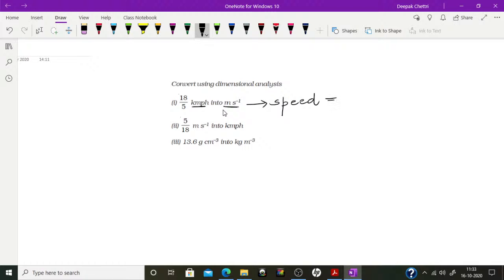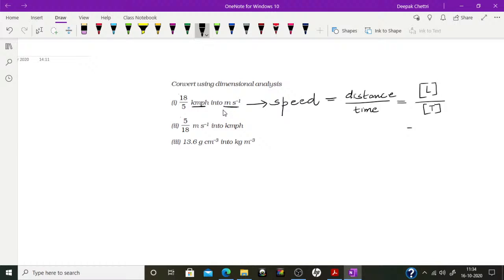So first we have to know the dimensions of speed. Now what is the formula for speed? It is distance divided by time, right? This is the formula for speed. Distance is a length, so its dimension will be L. Time dimension is T, right?